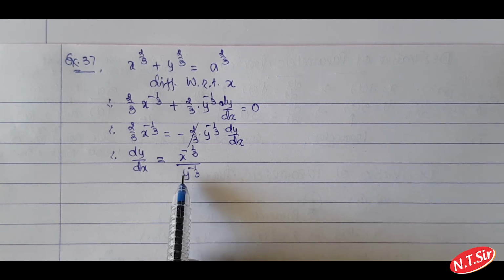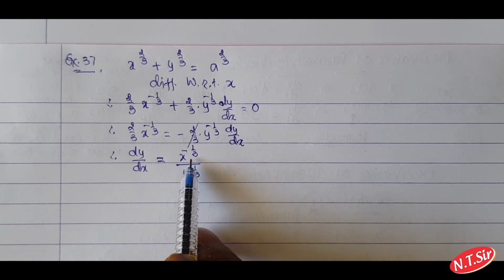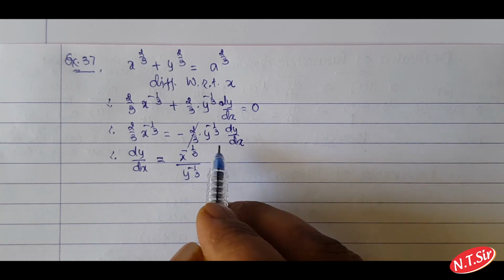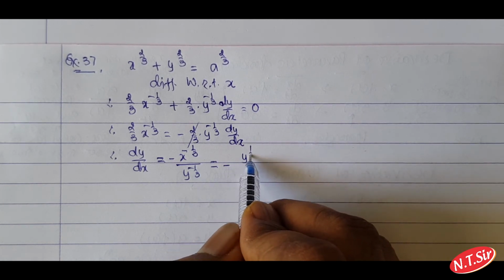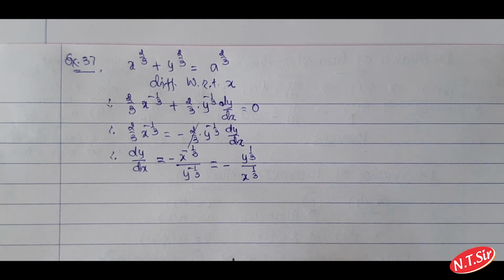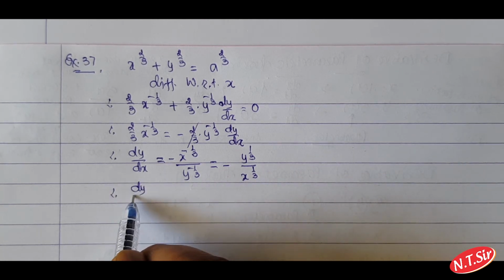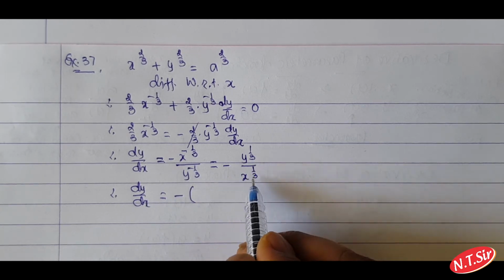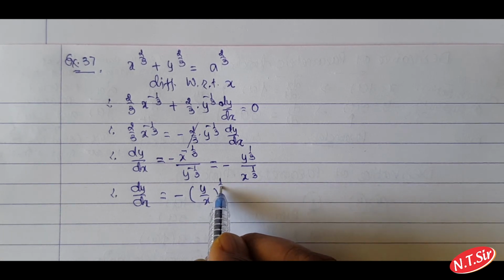Now if we take y to the numerator, then the minus power becomes plus, and if we take this x raised to minus 1 upon 3 in the denominator, then minus becomes plus. So we'll get minus y raised to 1 upon 3 upon x raised to 1 upon 3. Either we can write dy by dx is equal to minus, this is 1/3 power, that is cube root of y by x, so (y by x) raised to 1 upon 3.